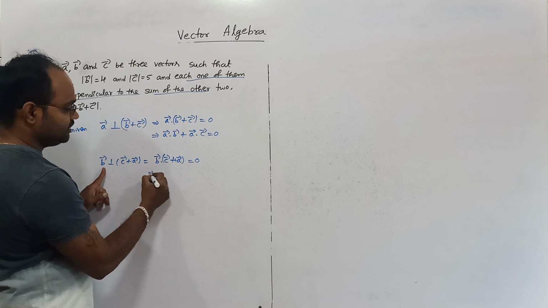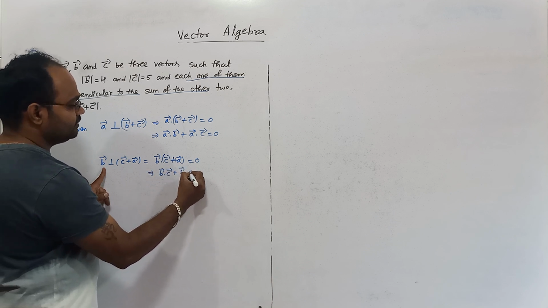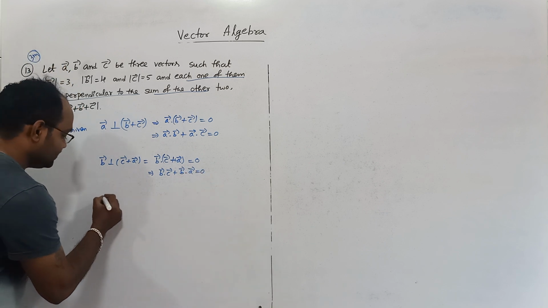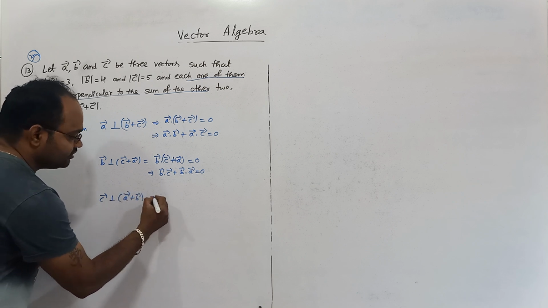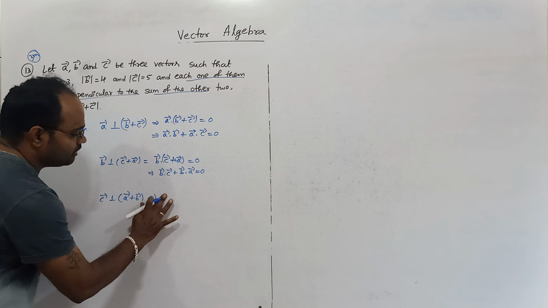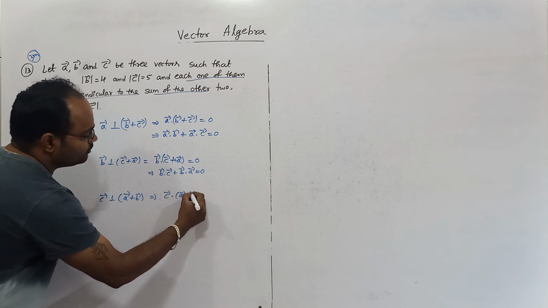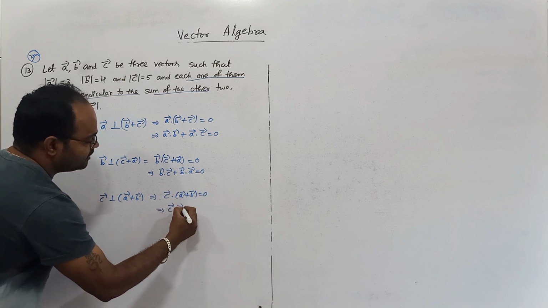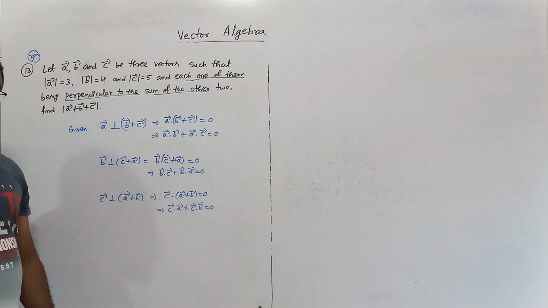That implies b dot c plus b dot a is equal to 0. That is given. Then finally vector c is perpendicular to vector a plus vector b. This implies c dot (a plus b) is also 0. c dot a plus c dot b is equal to 0.